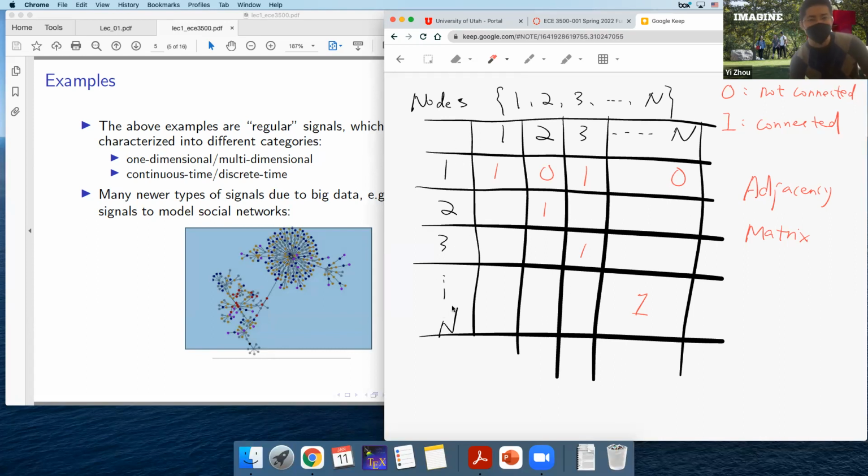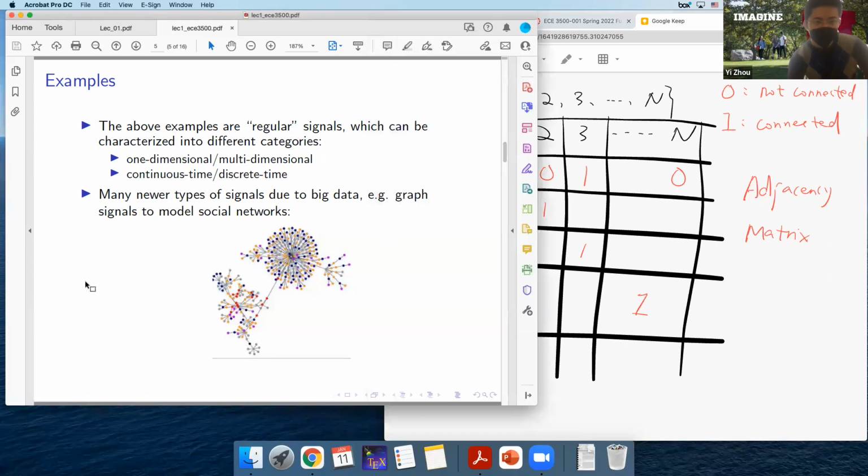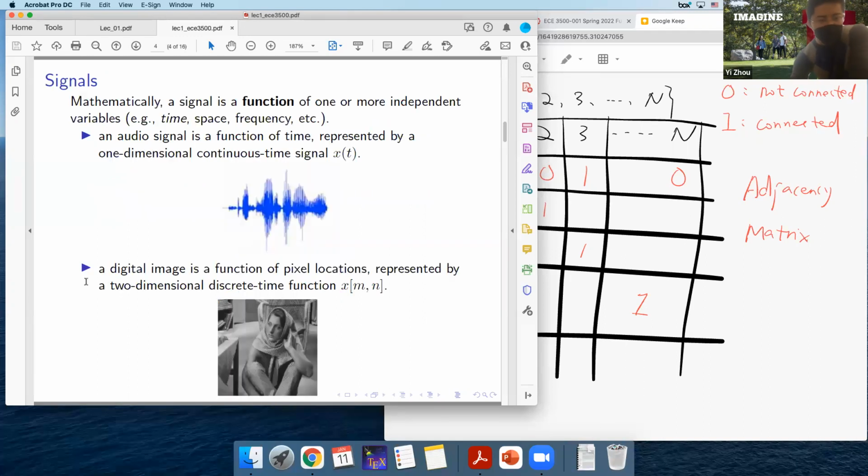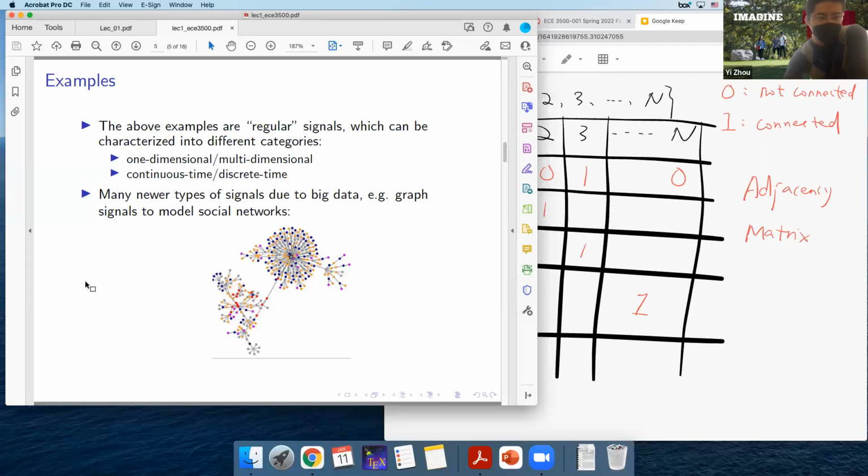Both of these variables index the nodes of this graph. So we can see that even for these irregular signals, we can find a way to describe them using functions. That's why functions are general enough to describe all types of signals.